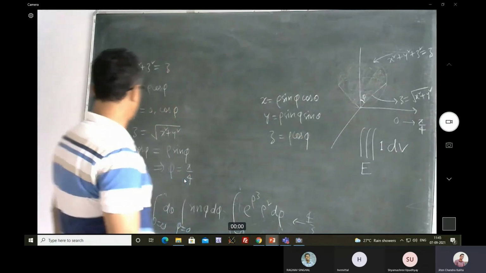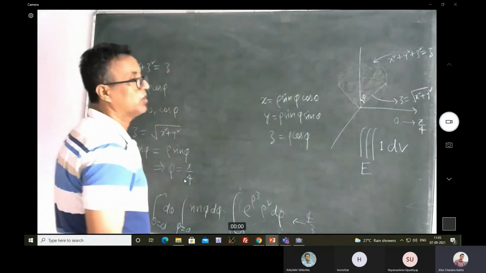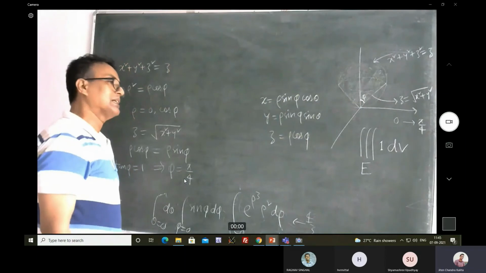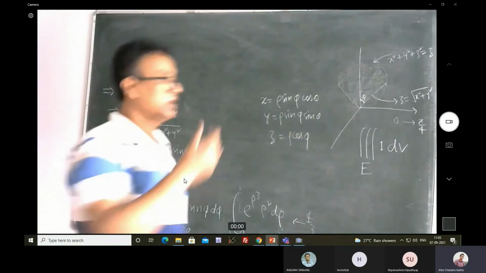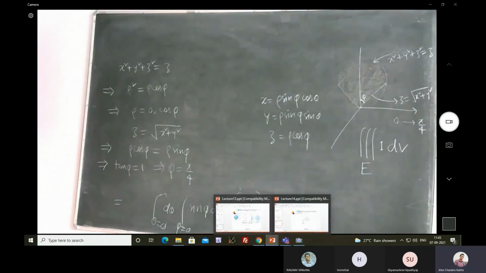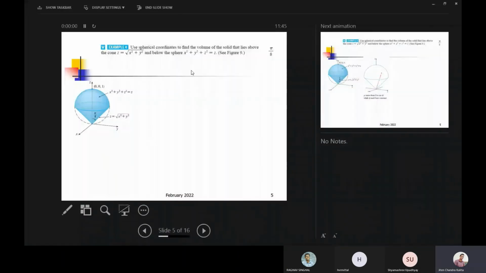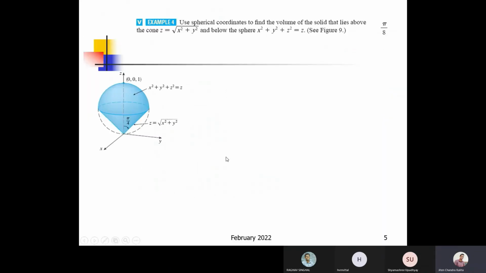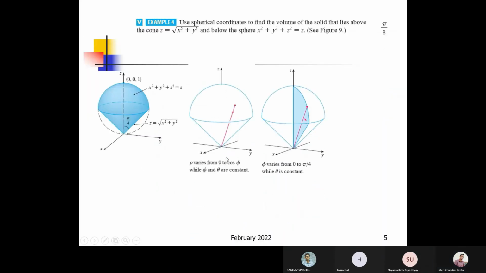Okay, fine. So we have already got all the information, and you know that theta is going to go from 0 to 2 pi. So let me simply show you that. This is what it is. Rho varies from 0 to cos phi.